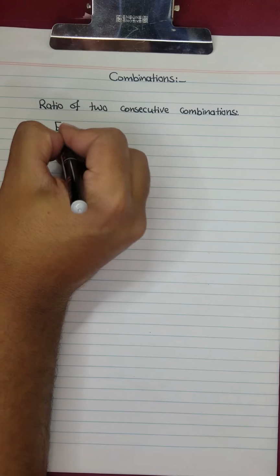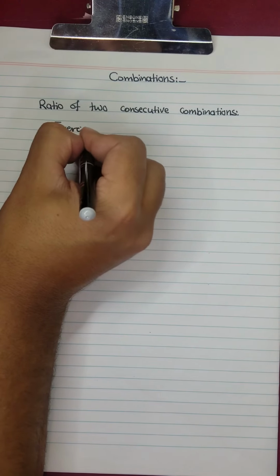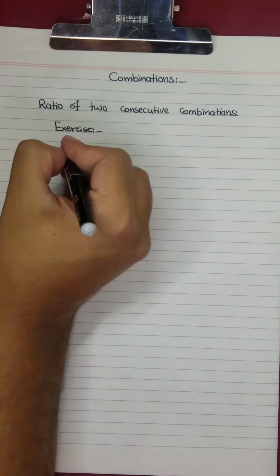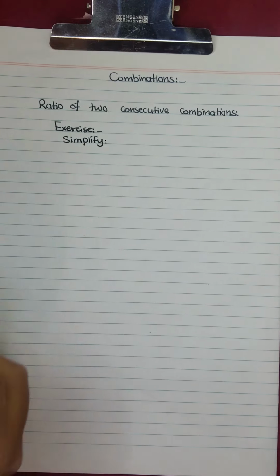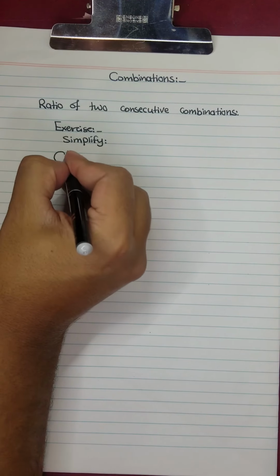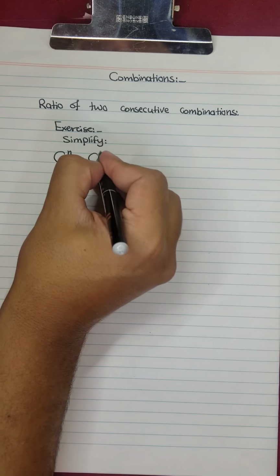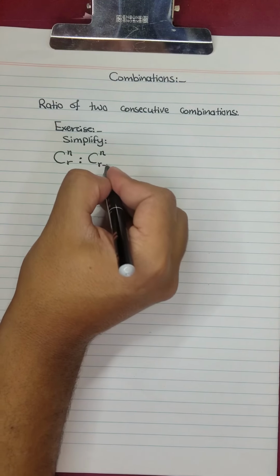What do we mean by that? Let's look at this through an example. So, exercise: simplify the combination of n, r ratio to the combination of n, r minus 1.